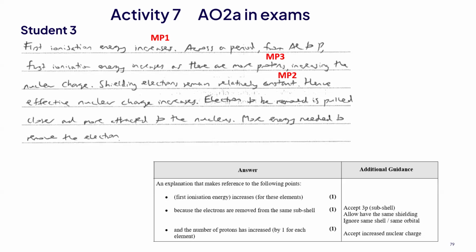I wish this term shielding was never ever invented personally, and we talk about electrons repelling one another. And the electrons within the same subshell repelling one another, of course, there are different numbers of electrons in the 3p subshell for each of those elements. So the shielding is not the same, but it is relatively constant.